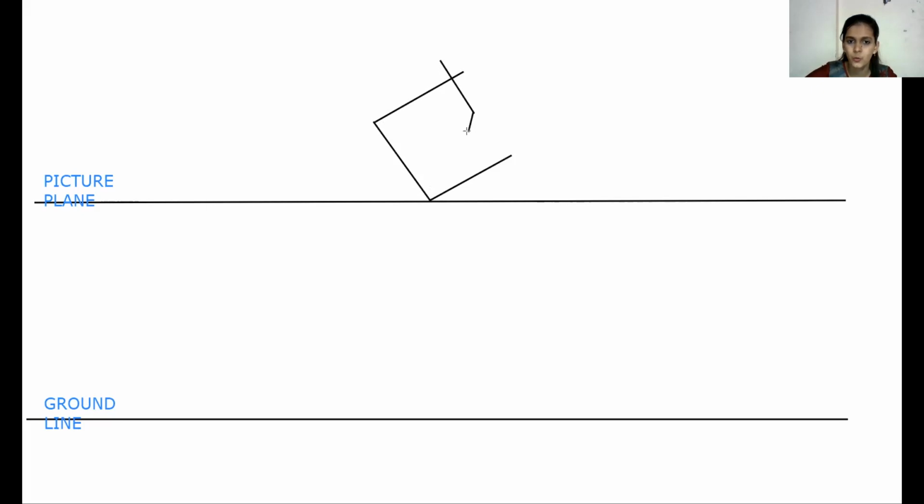We are not going to do all the plans. I'm also not showing the steps in this video, showing only the door and window.